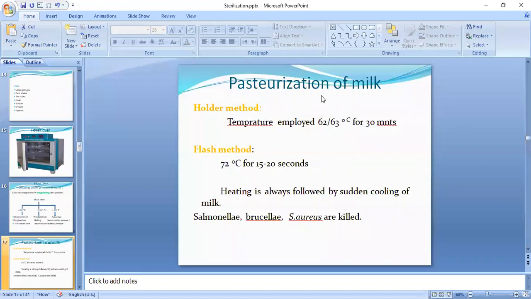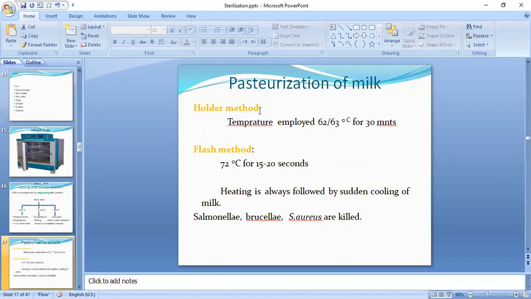For the pasteurization of milk, there are two methods. It is pasteurization, but the ways are two. One is the Holder method, second is the flash method.